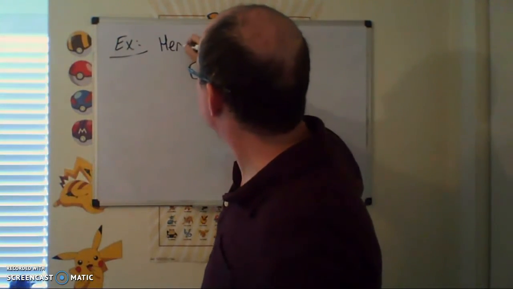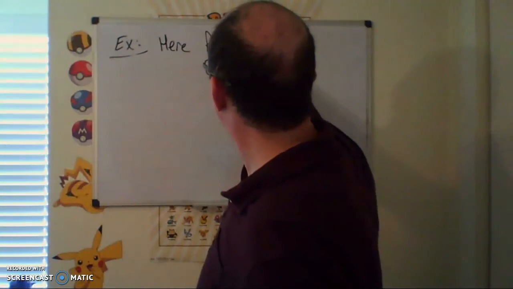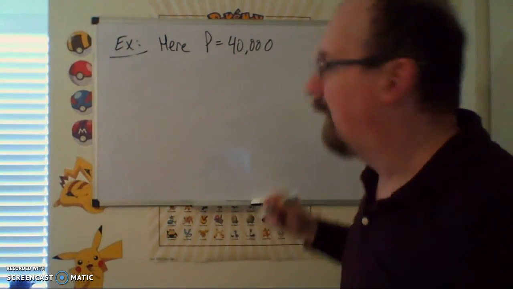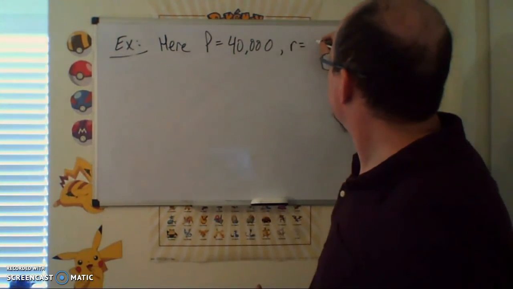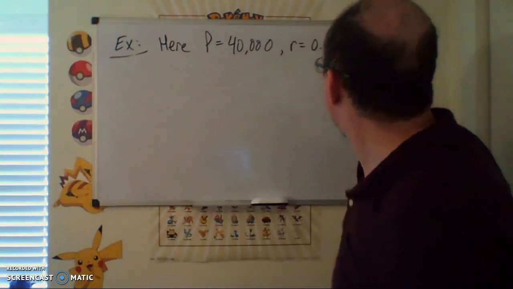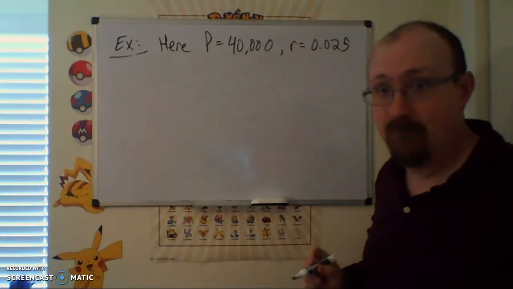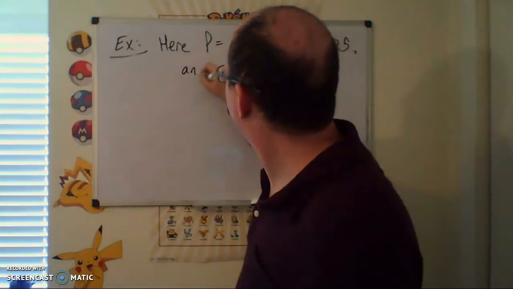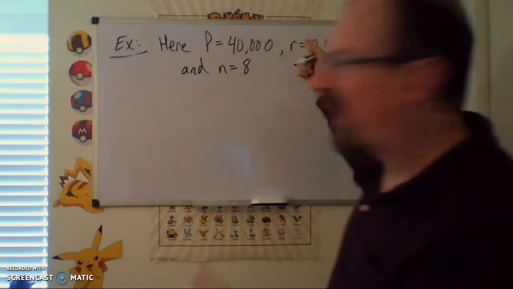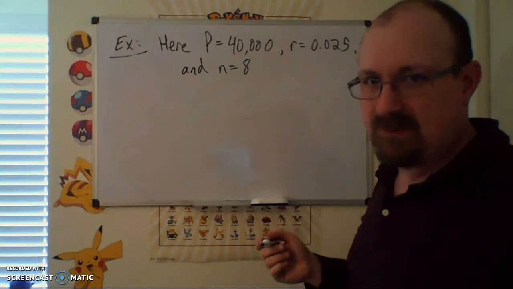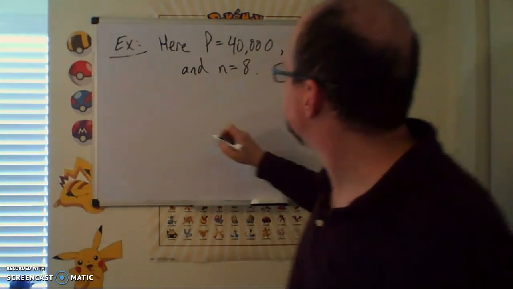So in this last example, we have an initial investment. Technically, the investment is a value, but roll with it. R is 2.5%. So as a decimal, that's going to be 0.025 when we move the decimal place a couple of times. Again, R and I are the same here. If you like having I, that's fine, but it works out the same way.